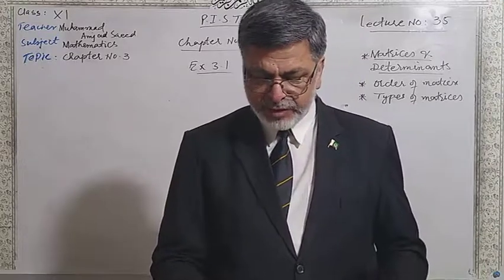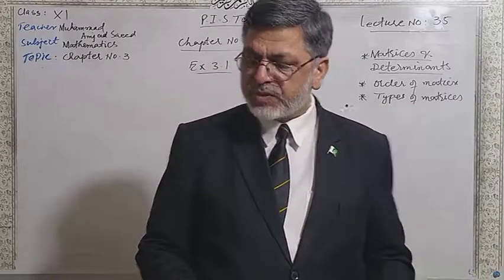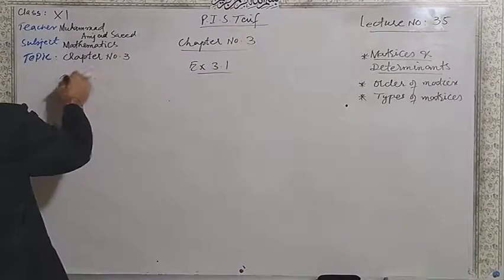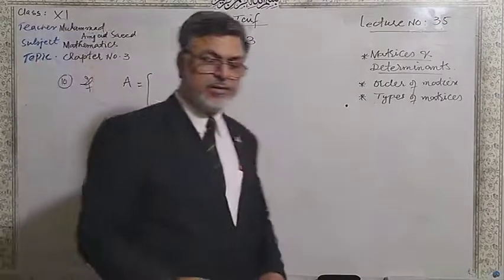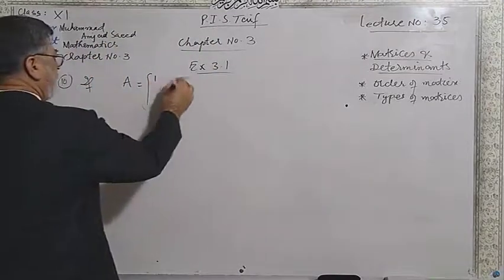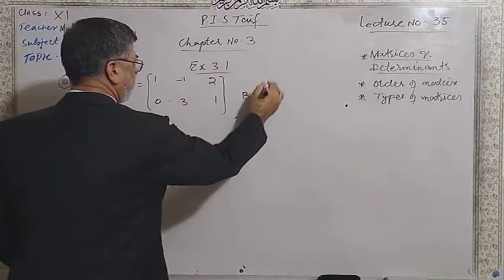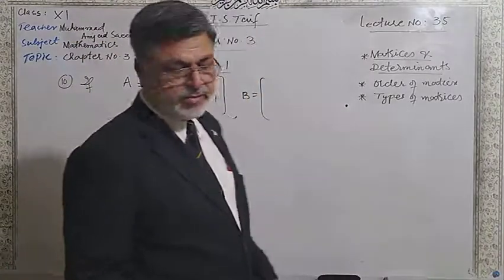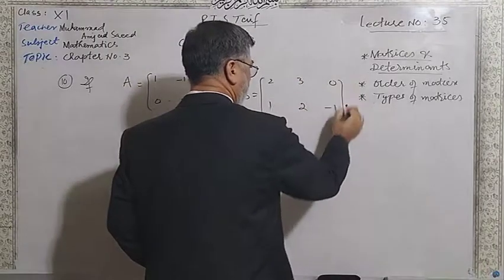A and B are given, then show that A plus B transpose is equal to A transpose plus B transpose. If A is equal to 1 minus 1, 2, 0, 3, 1, and B is equal to 2, 3, 0, 1, 2, and minus 1.